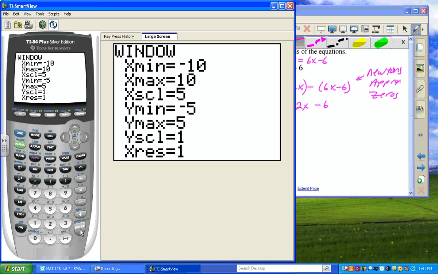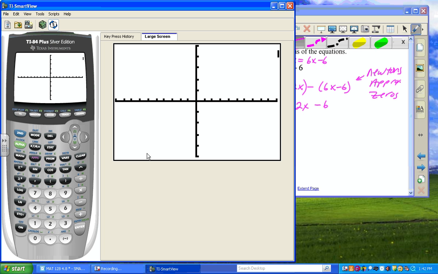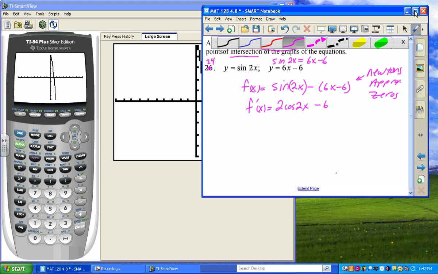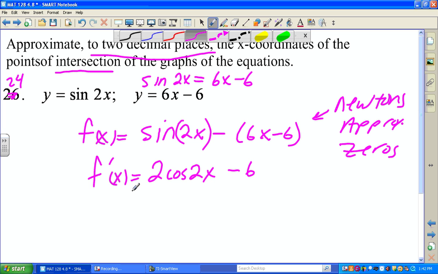With trig functions, you really don't know how many answers you're going to get right away until you look. Probably, I'm guessing 1. There's 1 answer. That looks like it's close to 1. So you have to come up with some idea before you start. So my guess is going to be 1.